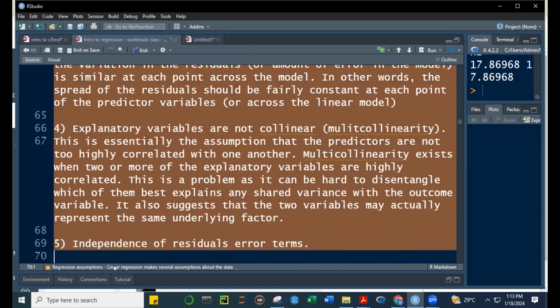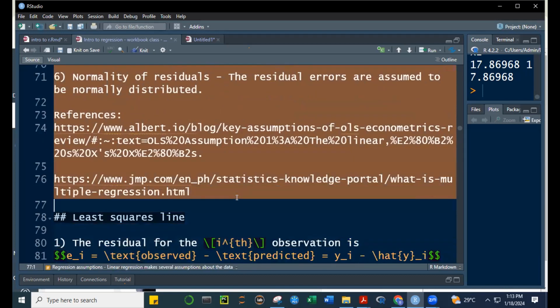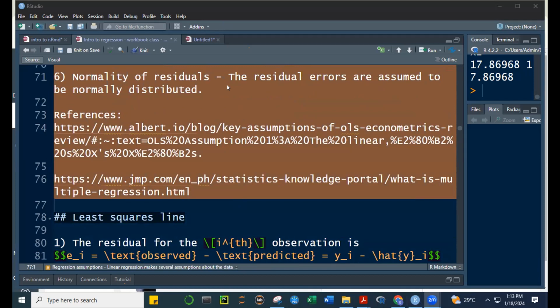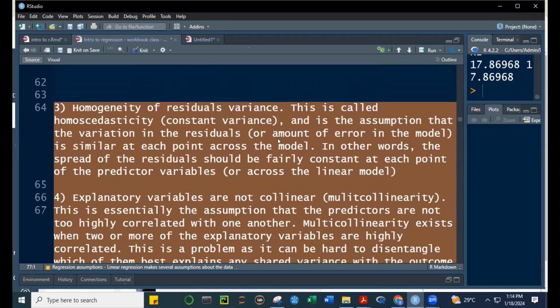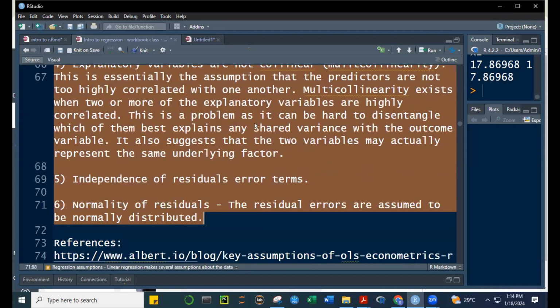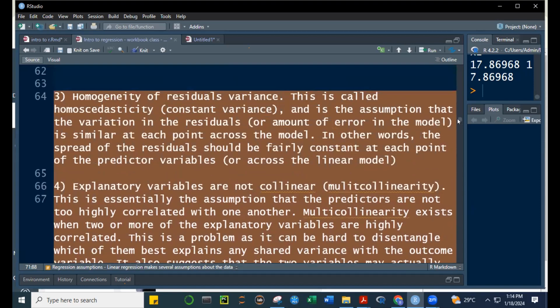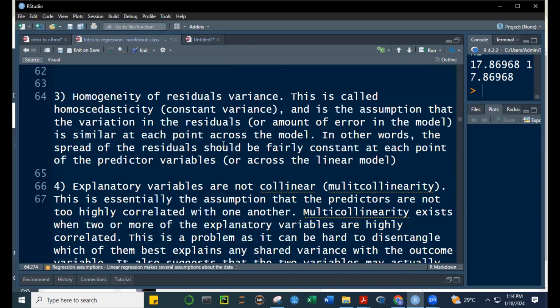So if you don't have this, it does not accept because you cannot, sana pwede dito. You cannot chat long messages in Zoom. Okay, so I chatted, class, I copied to the chat box assumption number 3, homogeneity of residuals variance.